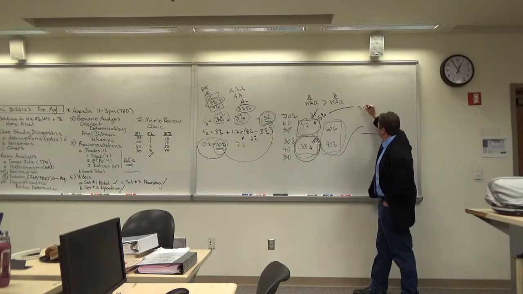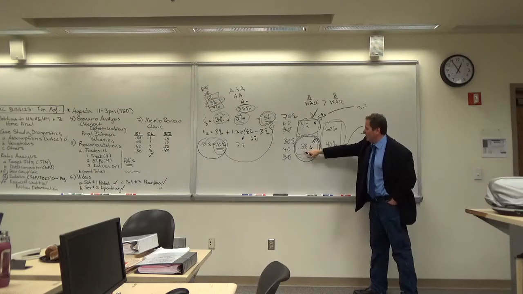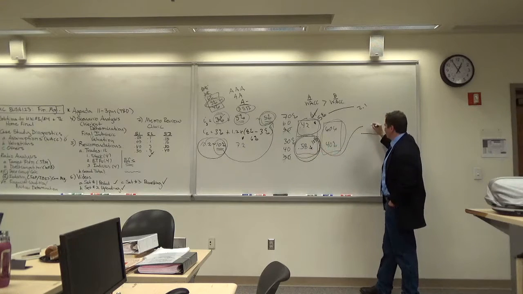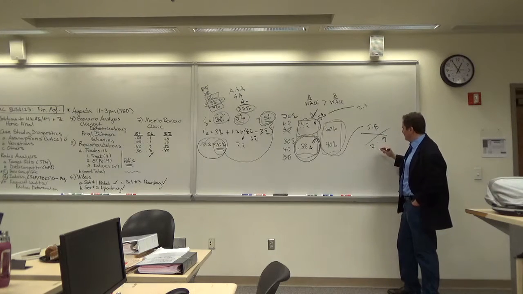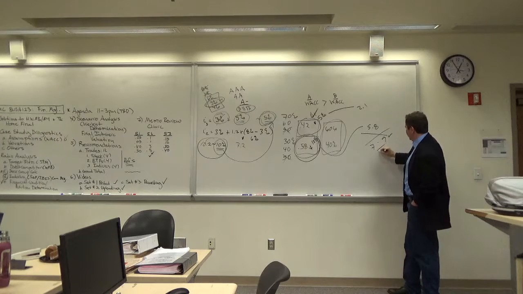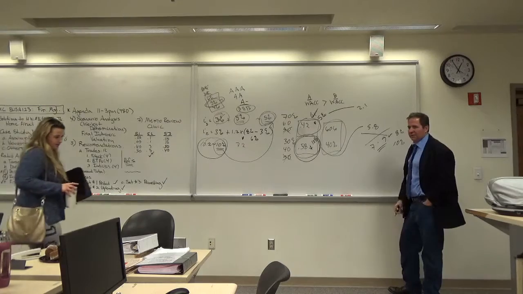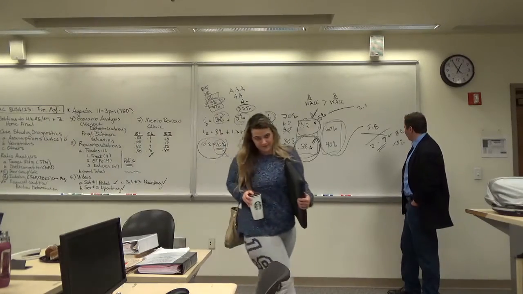And what's 0.58 times 10? 5.8. Then you add 2.1 and 5.8, so there's your 8%.